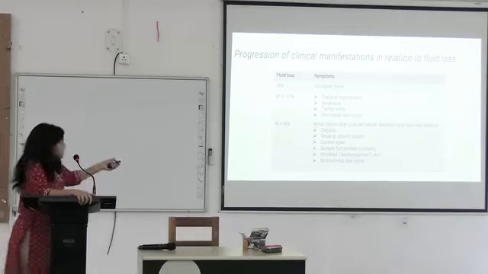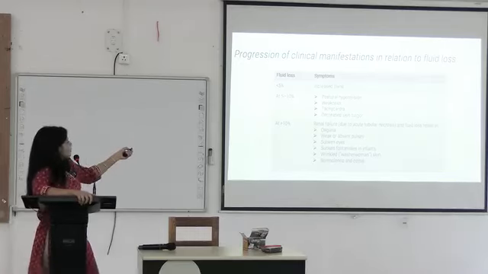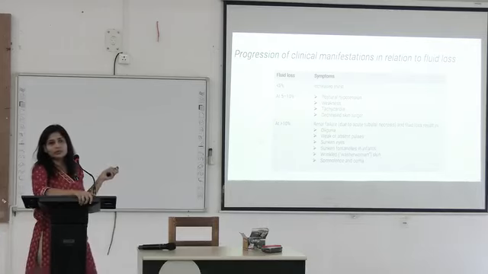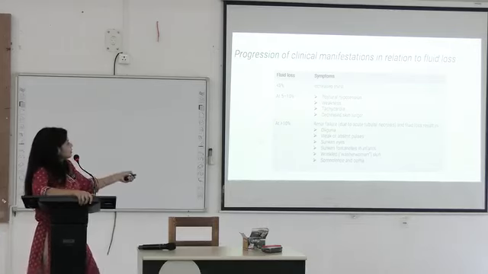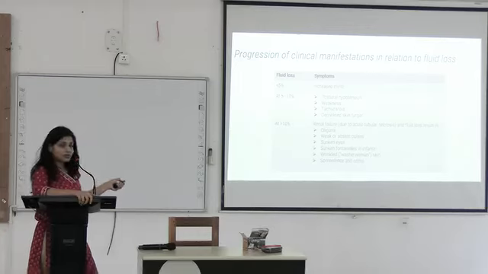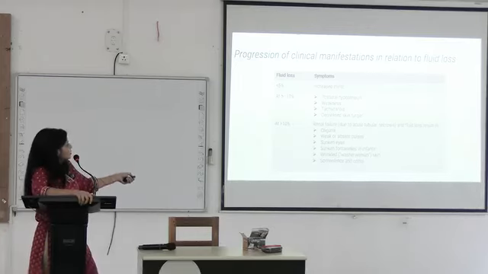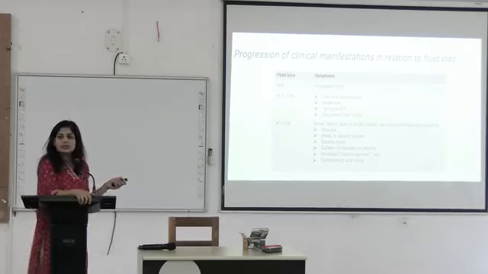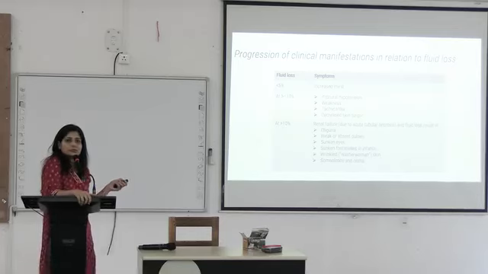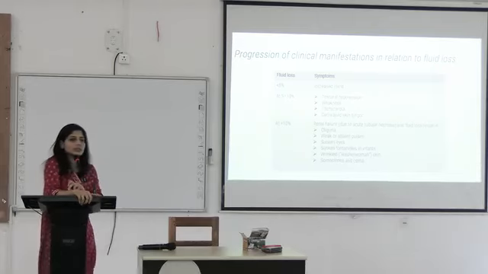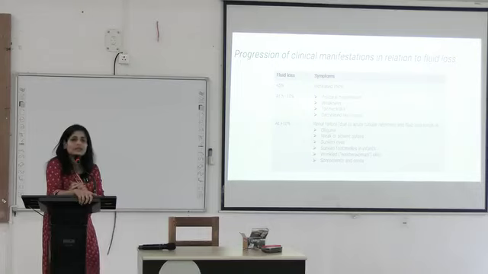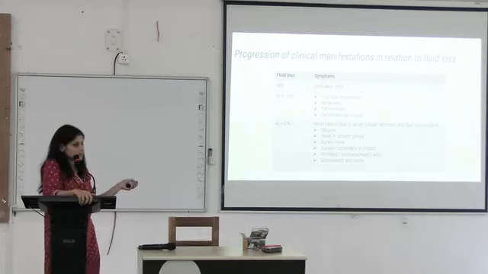How does the disease progress? When there is about 5% fluid loss from the body, you will notice increased thirst. At about 5 to 10% fluid loss, you will see postural hypotension, weakness, tachycardia, and decreased skin turgor. What is decreased skin turgor? When you pinch the skin, it will not come back to normal quickly. It will sustain there, the wrinkles will sustain. That is decreased skin turgor.